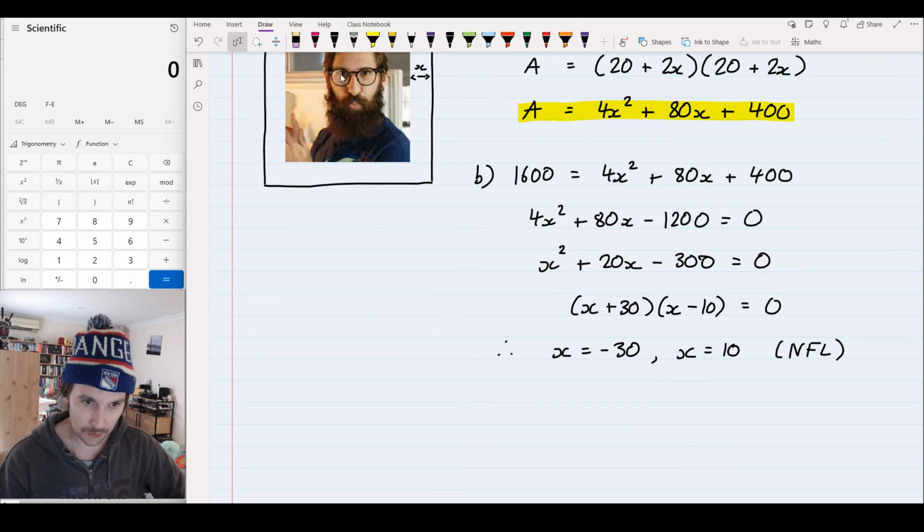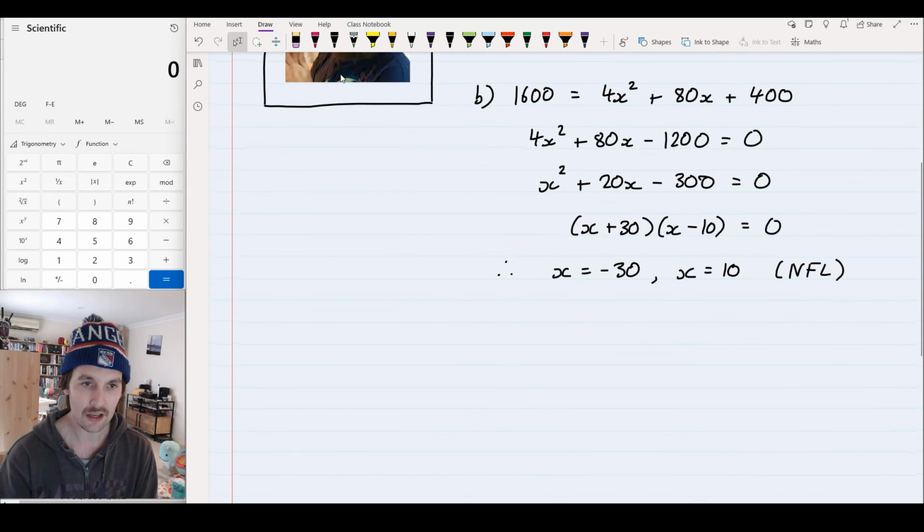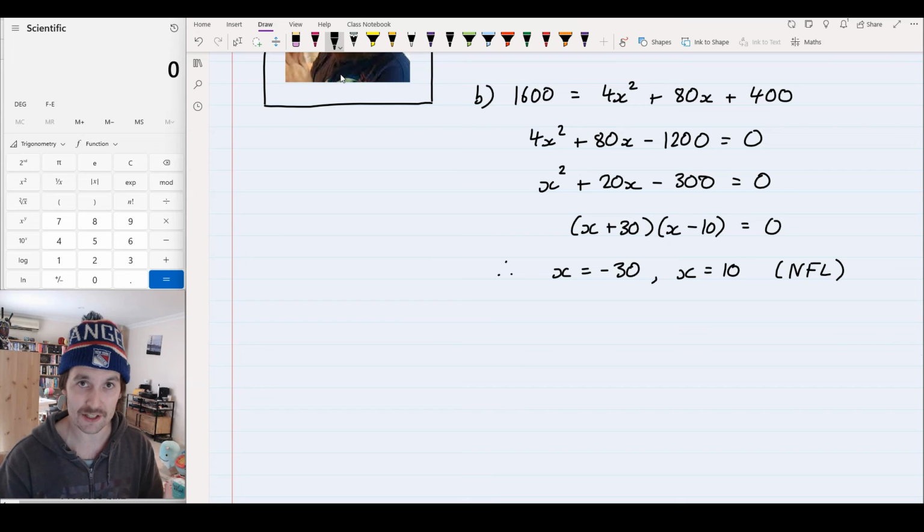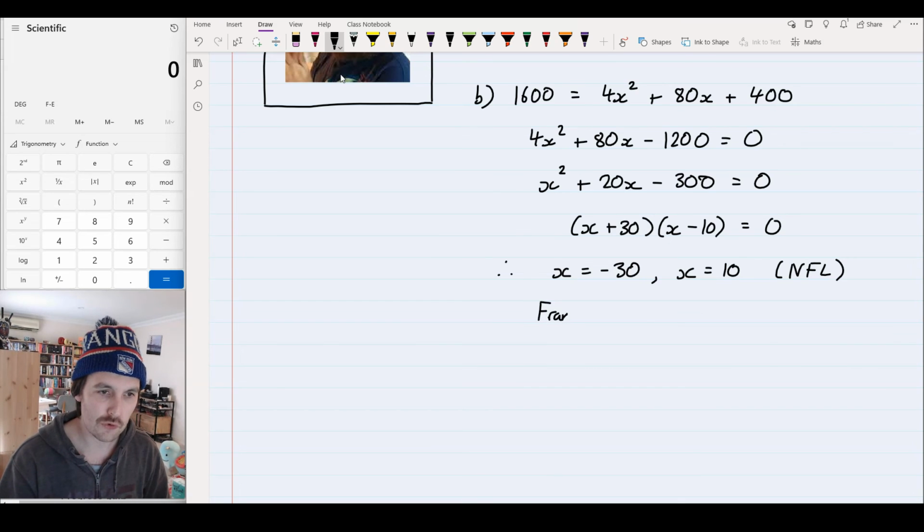For this question though, whilst we've got two answers, it's important to show our answers for this one. We've said x is equal to negative 30, x is equal to 10. But in the real world, we need a positive answer for this one. So I'm going to say here, frame width must be positive.